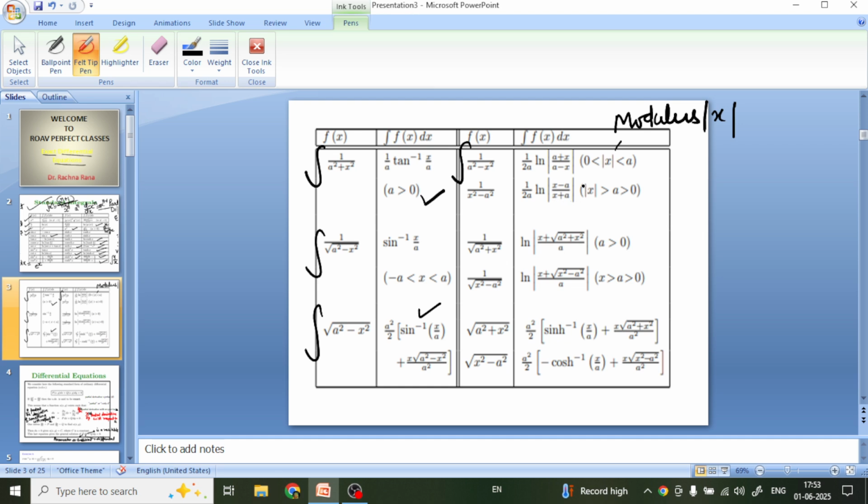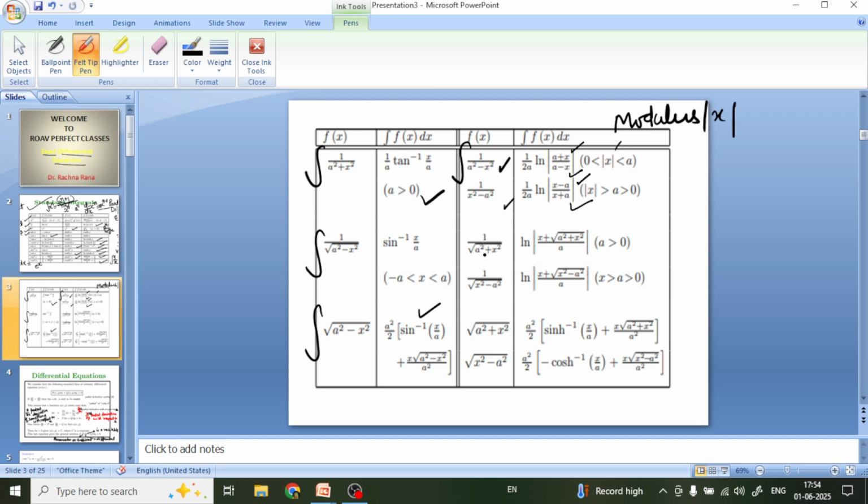You have to be careful about both formulas, because in one it is a square minus x square and in the other x square minus a square. Here it is a plus x over a minus x, and in the x square minus a square case, x minus a is the numerator and x plus a is the denominator. They are the reverse of each other.